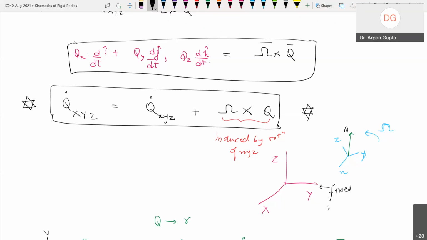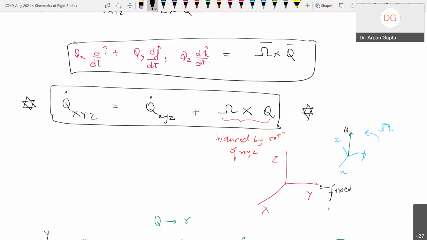The rate of change of q with respect to time as measured from the fixed reference frame is equal to the rate of change of q with respect to time as measured from the small xyz frame, plus an additional term, omega cross q, where omega is the angular velocity of the rotating reference frame, crossed with the q vector.